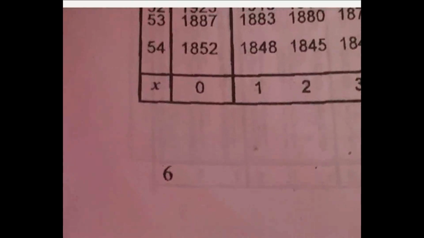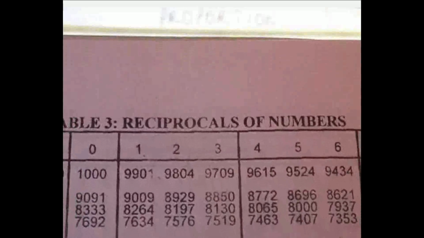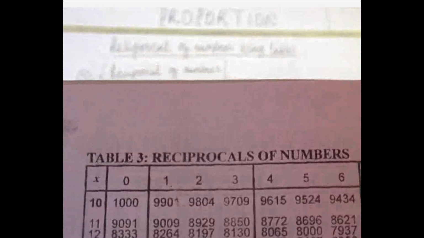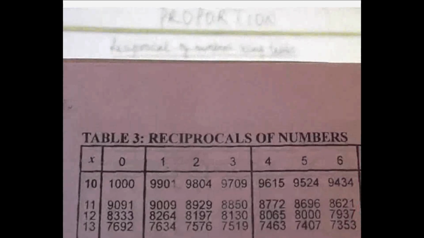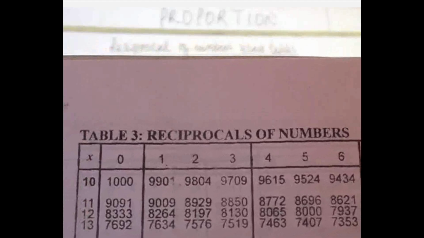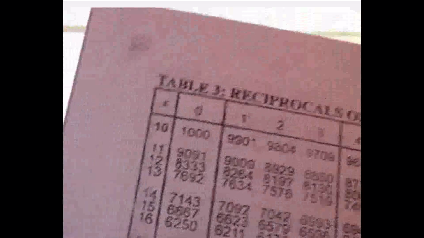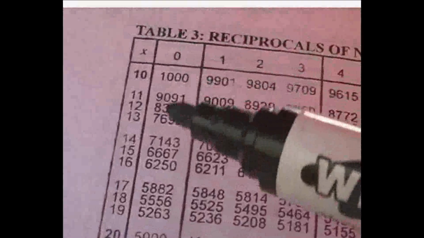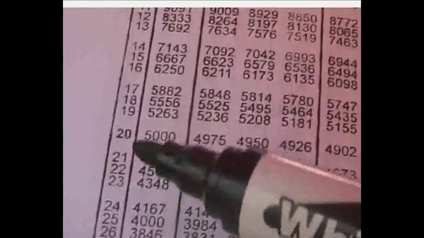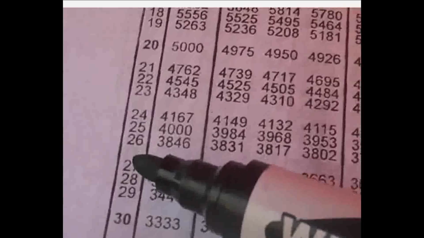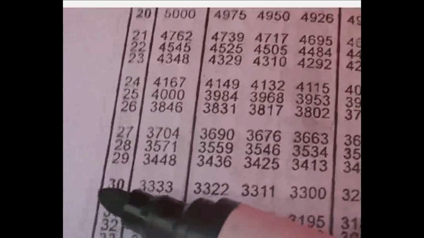I will come close to the camera now and show you where I located 30 under 0 in the 4-figure table at page 6. You can see on top they wrote Table 3, reciprocal of numbers. You can see the column that has 10, 11, 12, 13, and it goes down 20, 26, now 30.